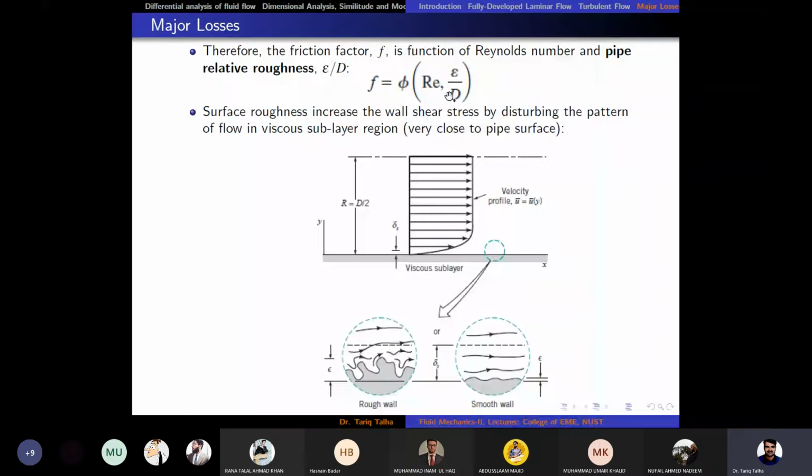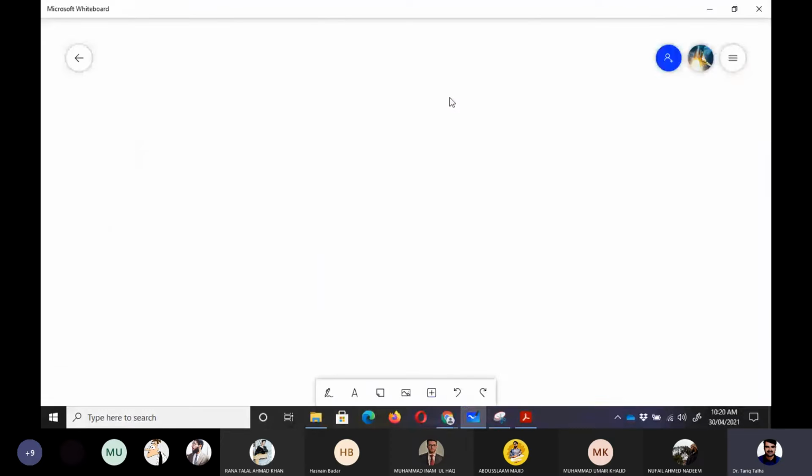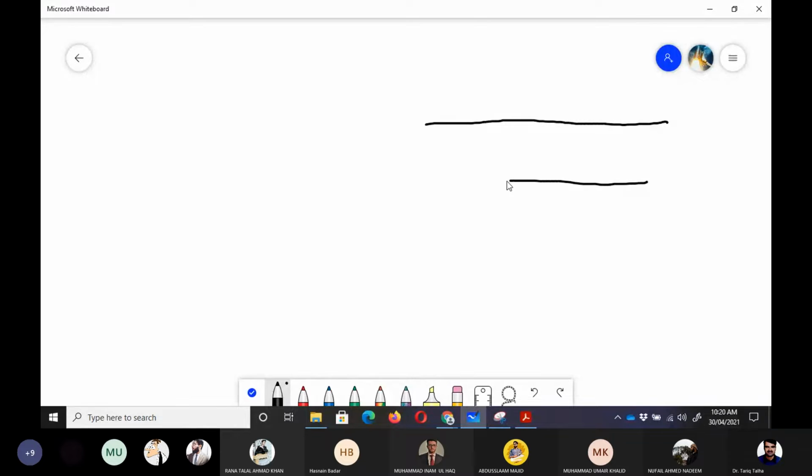So up to now we have determined that the friction factor is a function of Reynolds number and the relative roughness. With this brief recap, let me go to the whiteboard. Now we consider a pipe section, which has one end here.